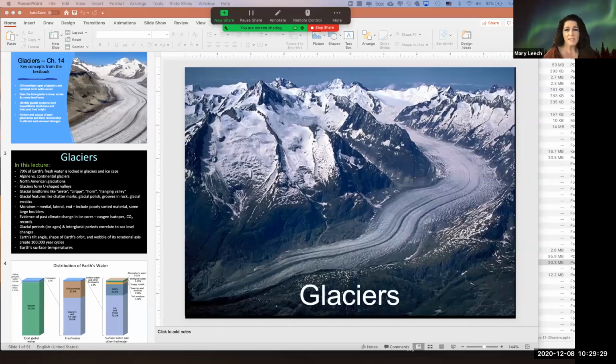It's the last week of classes. It's pretty remarkable. Okay. I think I can choose desktop. Okay, so can you see the glacier slides?